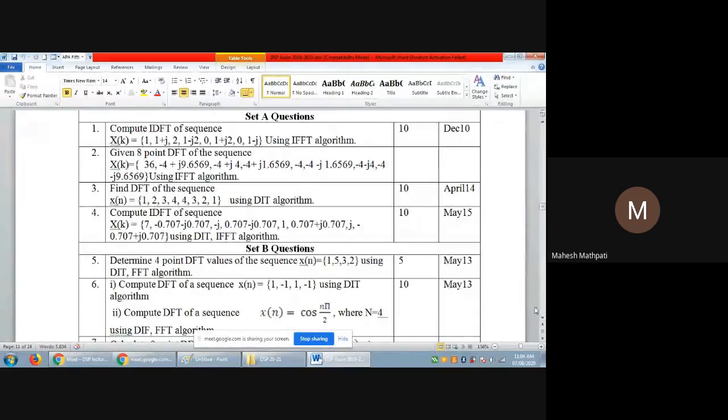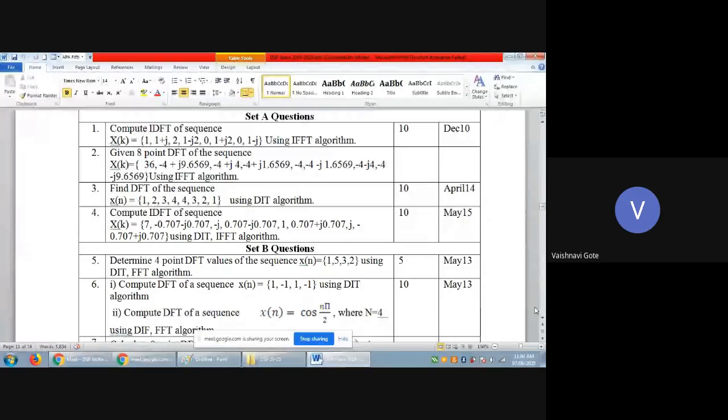Answer you will get, but according to the given sequence, these are given in X of k values. So if X of k values are there, then we are decimating in the frequency domain. If you are decimating in the frequency domain, then better you go with the DIFFT algorithm. Clear?